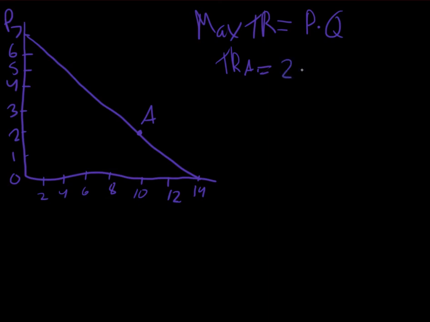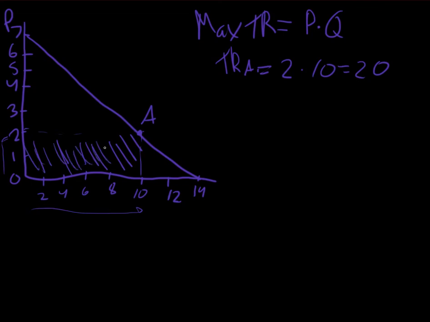My price is 2, my quantity is 10, therefore my total revenue at point A is 20. Total revenue is the price, from 0 to 2, times the quantity, this distance here. So my total revenue is this whole area, because I'm multiplying 2 times 10, and this rectangle is my total revenue.